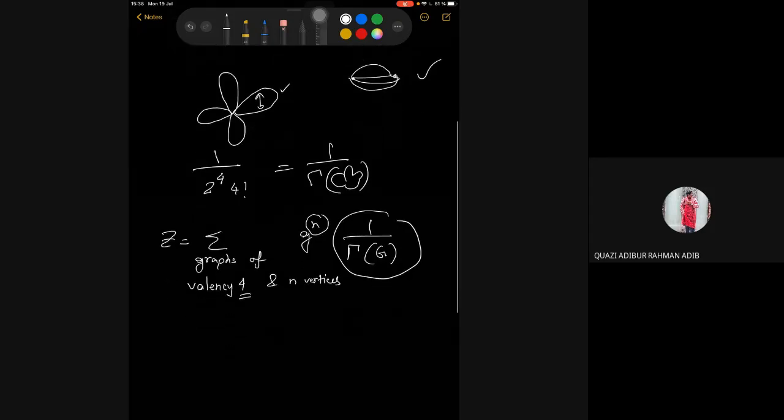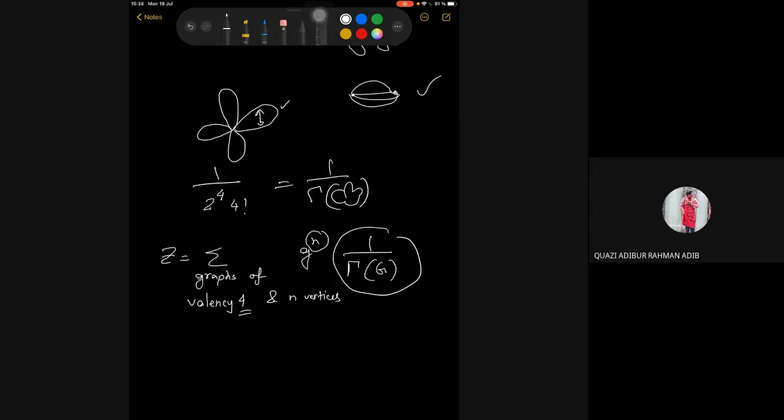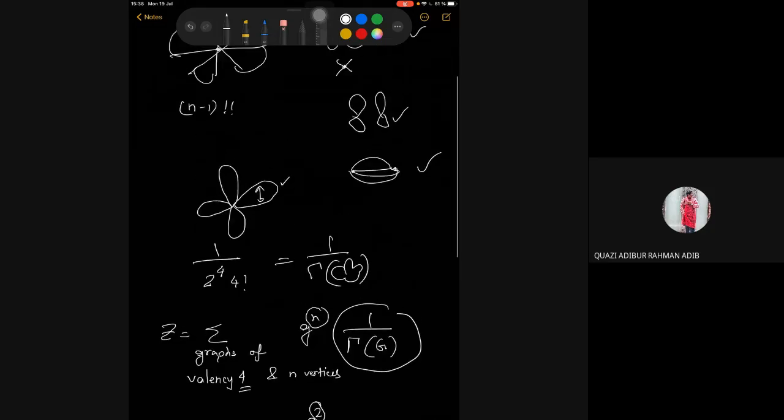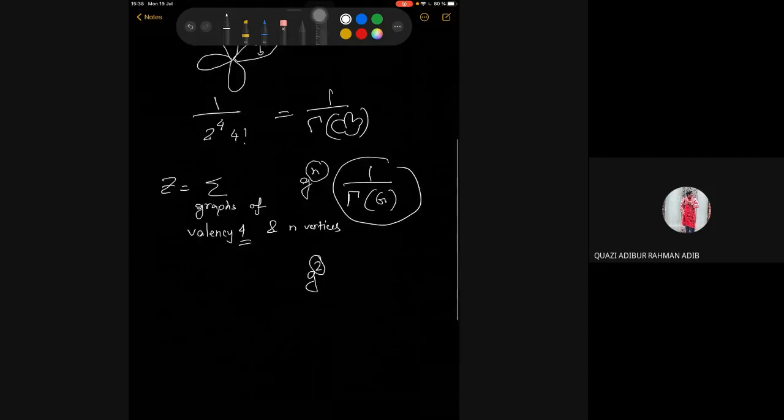For example, you can have vertex 1, which is basically this. G squared means you have 2 vertices, which are something like this, and so on. So you can expand this.